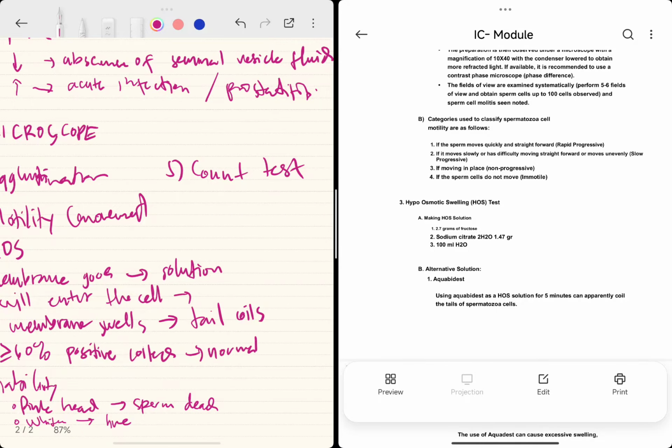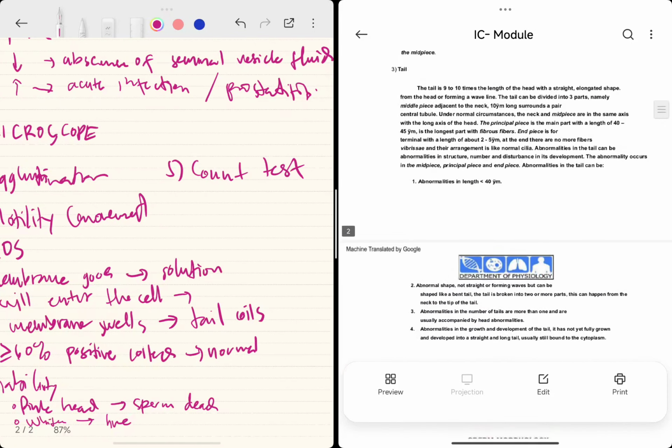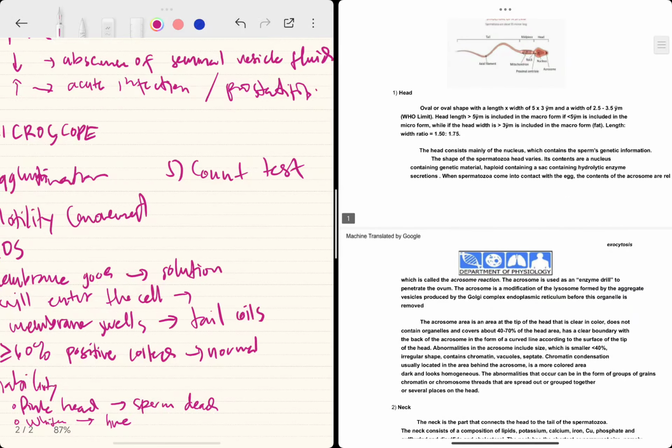Then, like the acrosome, what are the functions of the acrosome, and the acrosome is a modification of what, and then what else.